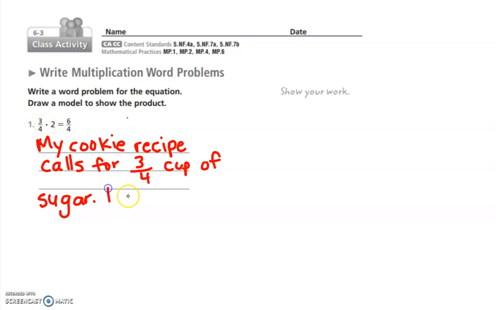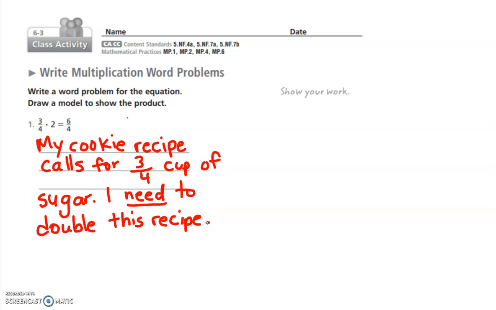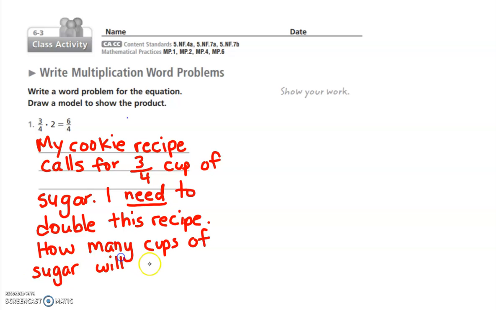So I'm going to say, because we're in quarantine, I need to double this recipe. And then basically that will just tell you your answer. How many cups of sugar will I need in all?